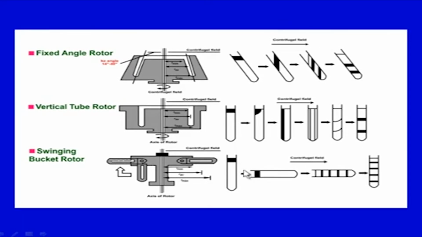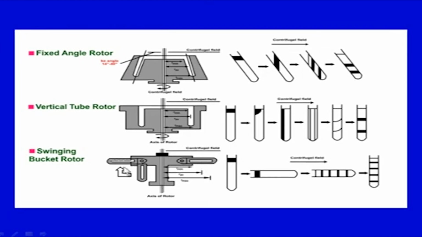In the swinging bucket rotor, this is the resting position of the tube. Here the tube which is hanging is not restricted, and as soon as the centrifugal force is applied, these buckets or containers extend outward because of the centrifugal force. The centrifugal force is in the outward direction from the axis of rotation.